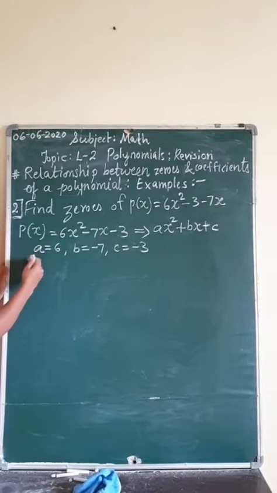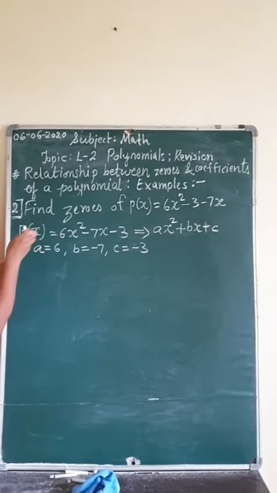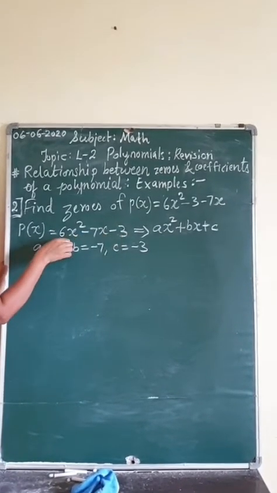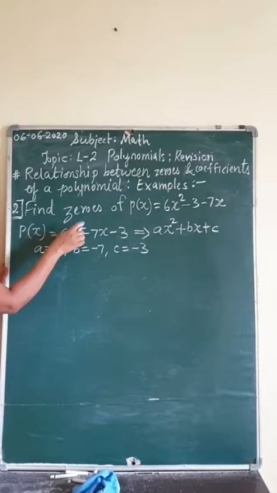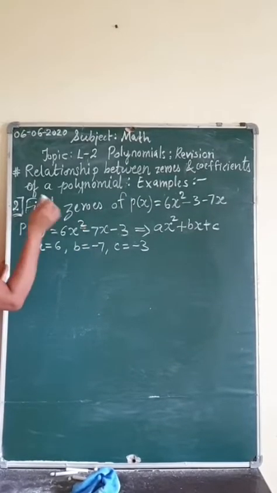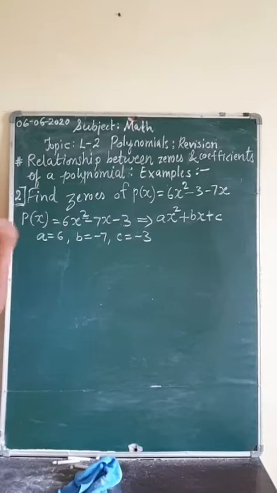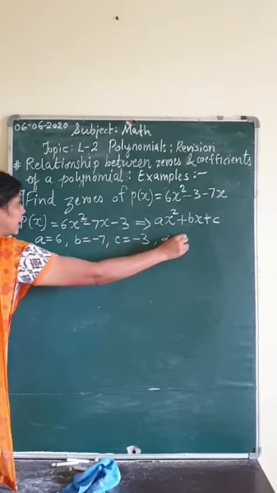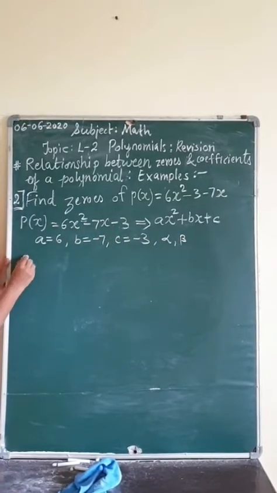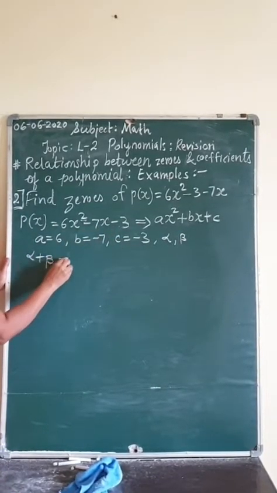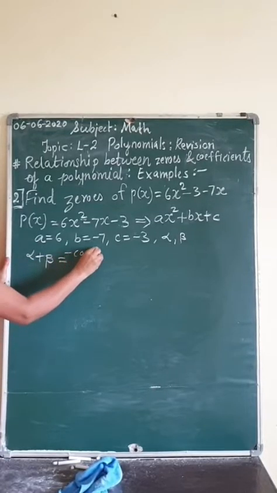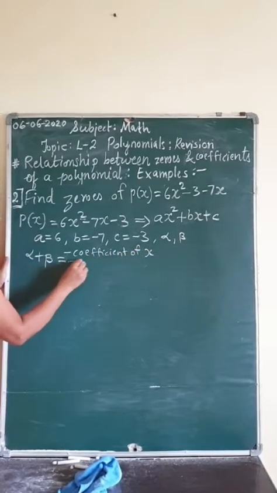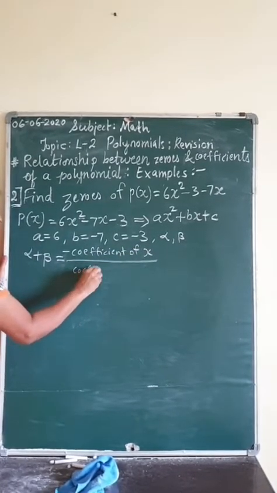Now here we have the relationship of zeros with the coefficients of the polynomial in a different way. How? When a quadratic polynomial is there, it has two zeros because the highest power of x is 2. So this polynomial has two zeros, and these zeros are alpha and beta. And how are they related with the coefficients? Alpha plus beta is equal to minus coefficient of x upon coefficient of x square.